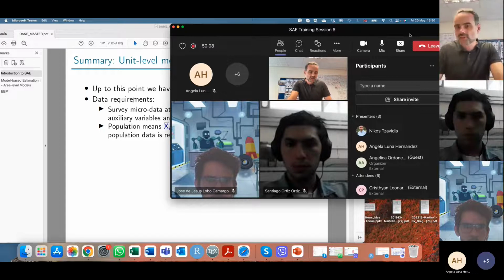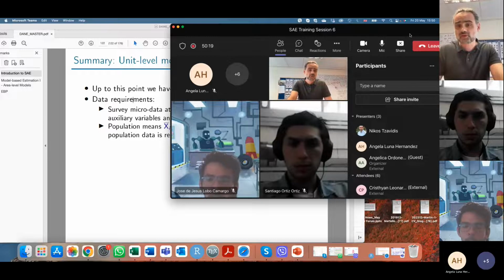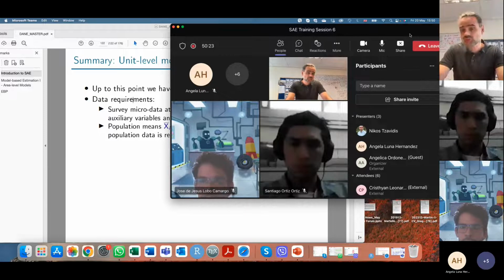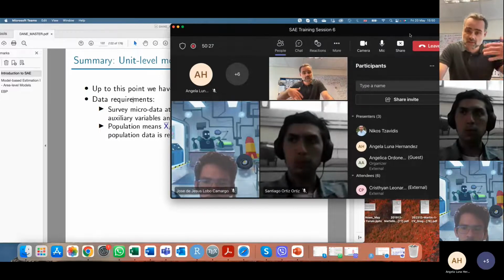Of course, this comes at the cost of assumptions. The second thing you can do is potentially use area level models, because in area level models you can have auxiliary sources that are more frequently updated together with the survey data.